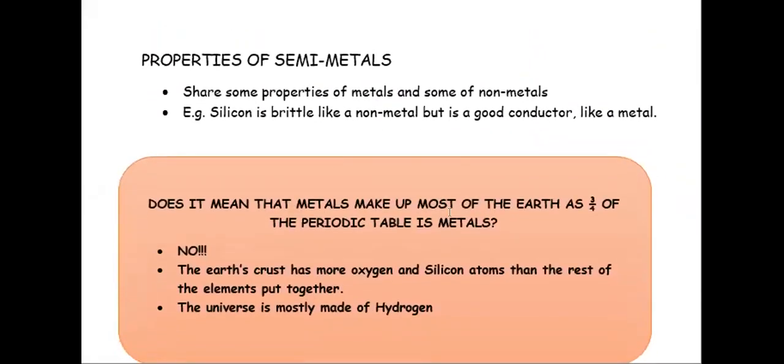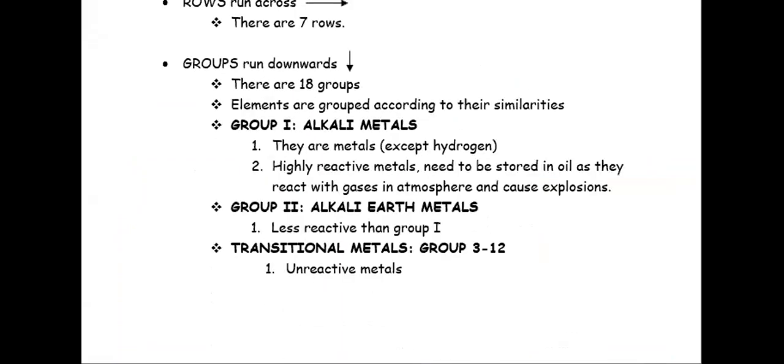Okay. Properties of semi-metals. They share some properties of metals and some of non-metals. Example, silicon is brittle, which means it breaks easily like a non-metal, but it's a good conductor like a metal, right? So I think these guys are really lucky because they share the best of both worlds.